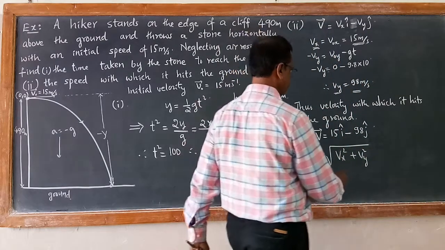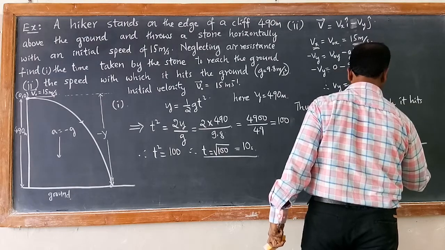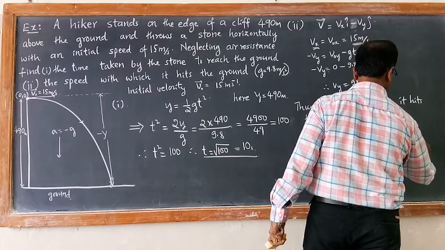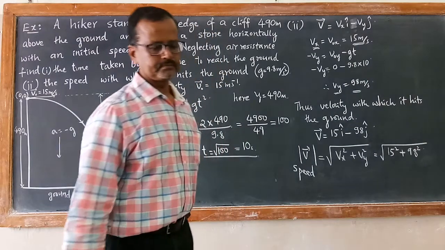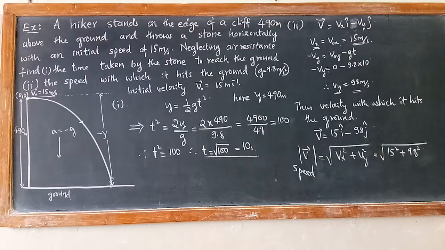Now substitute these values: square root of 15 square plus 98 square.